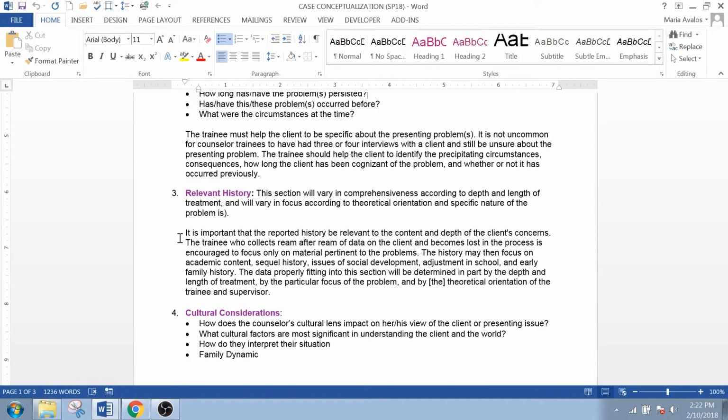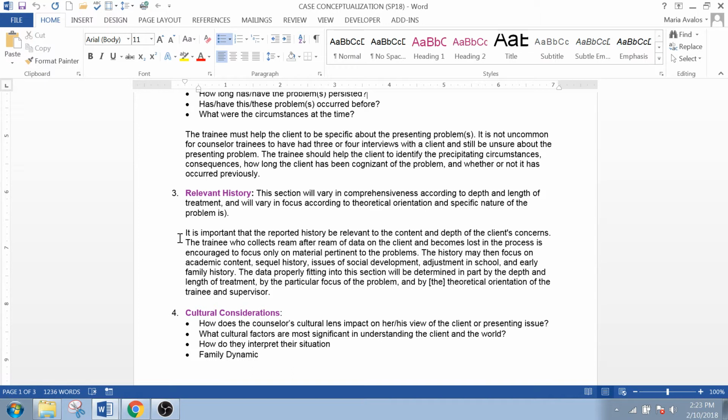So there are times when you and your colleagues may have a different interpretation of the event. This is why consultation is so important. Cultural considerations. For those of y'all who have taken the multicultural class already, this will be really important. Pull your book out.